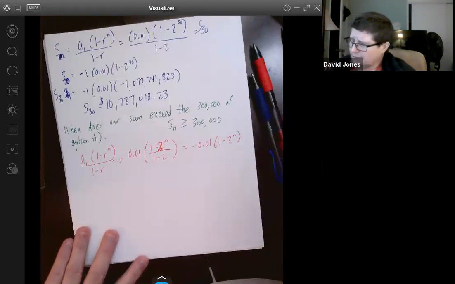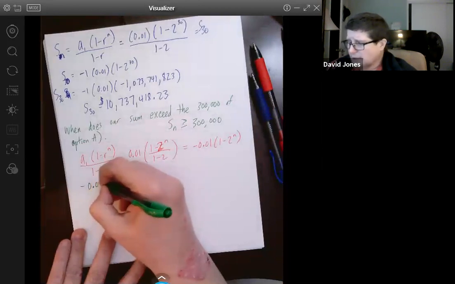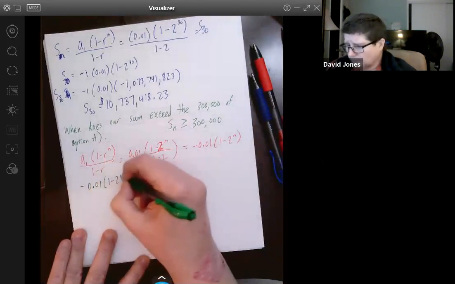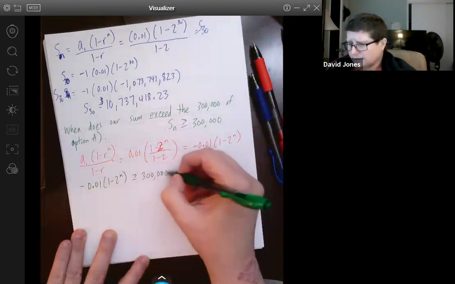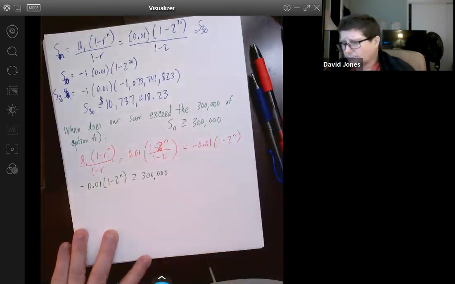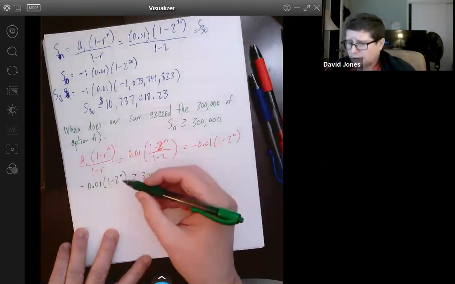Can we figure this out? Do we have the skills? Do we have the power? When is that greater than or equal to 300,000? Let's divide both sides by negative 0.01.